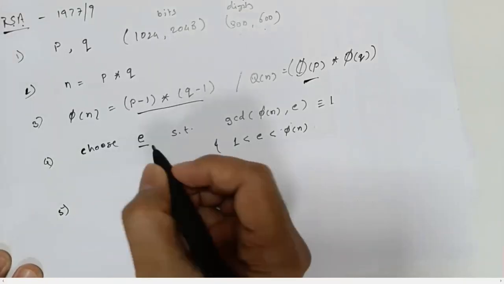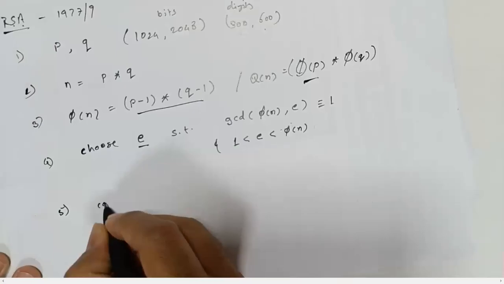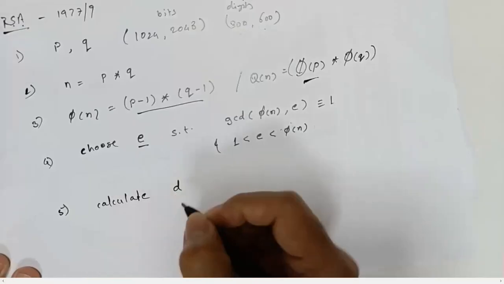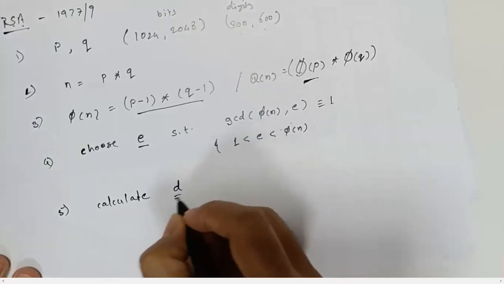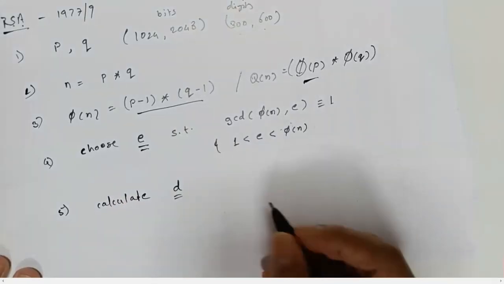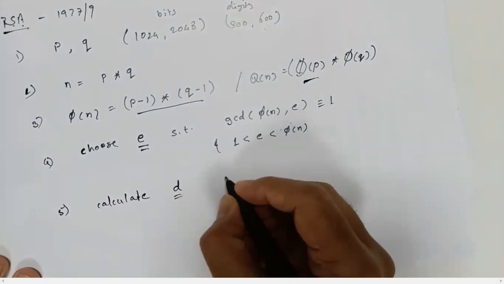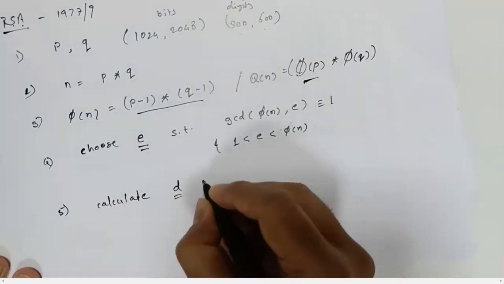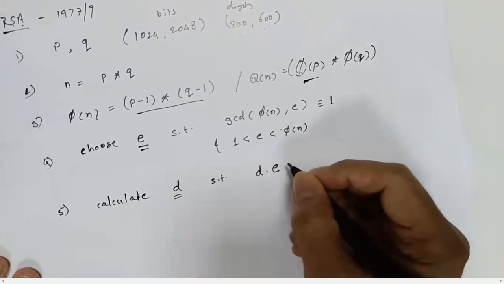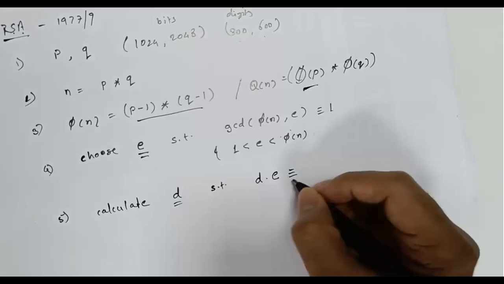Now the last step in the algorithm, that is the fifth step. You have chosen the public key. Now you have to calculate the private key. Let us say D is the private key. Now how do you calculate D? It should satisfy that D into E has to be equivalent, or what do you call this, if you remember?